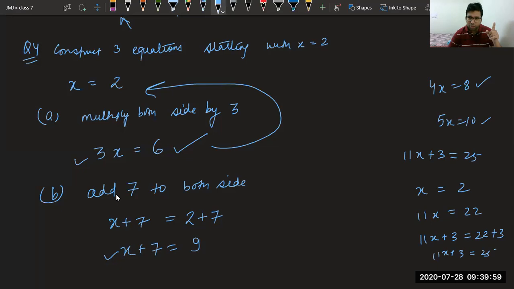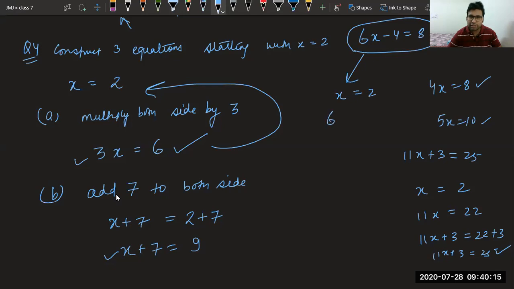So this way you can form many equations. Maculin is saying 6x minus 4 equal to 8. Let me check, is it correct or not? So you have x equal to 2. Mervin has first multiplied with 6 both sides. It became 6x equal to 12. Then Mervin has done minus 4 both sides.